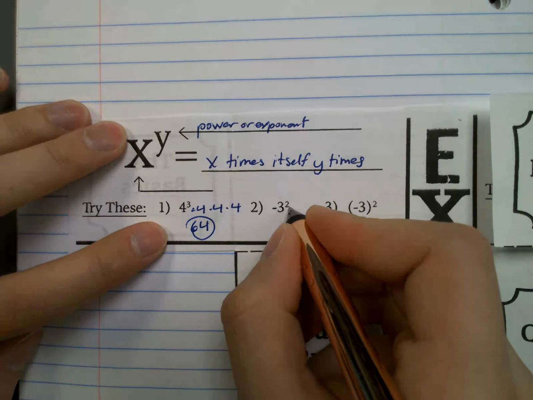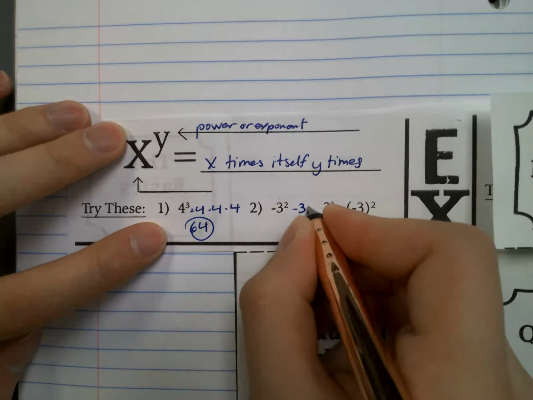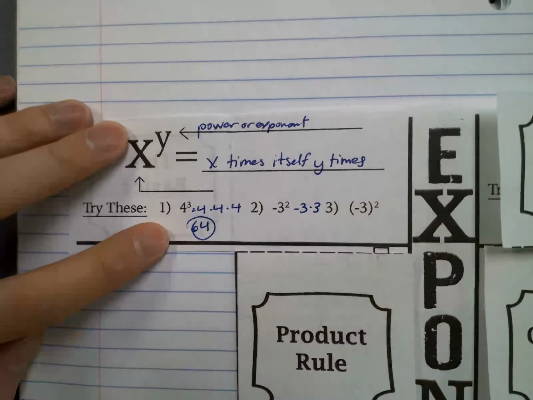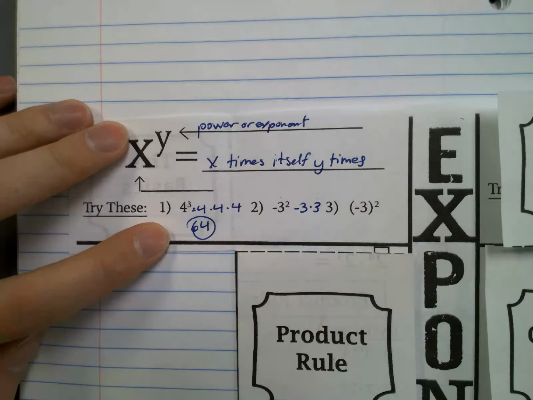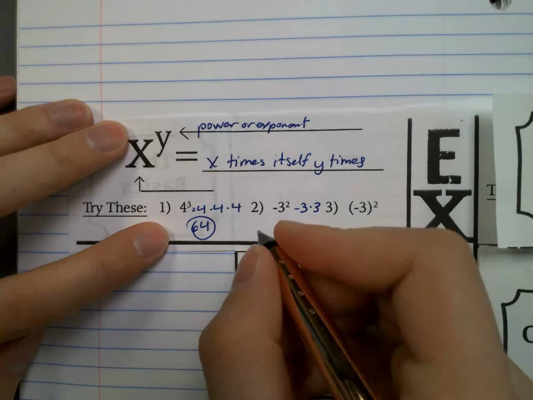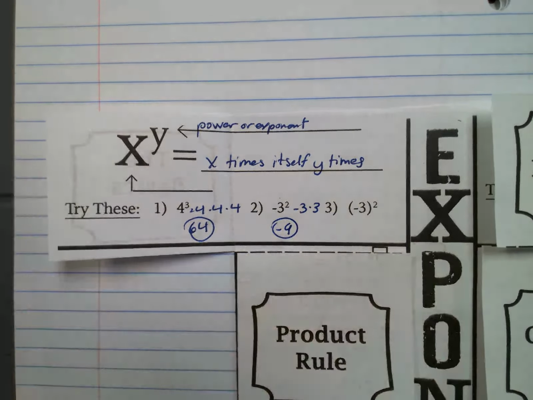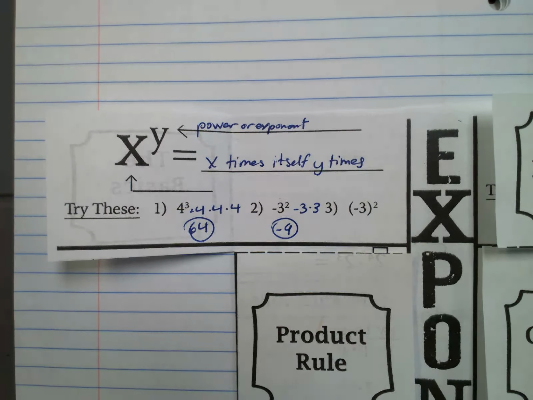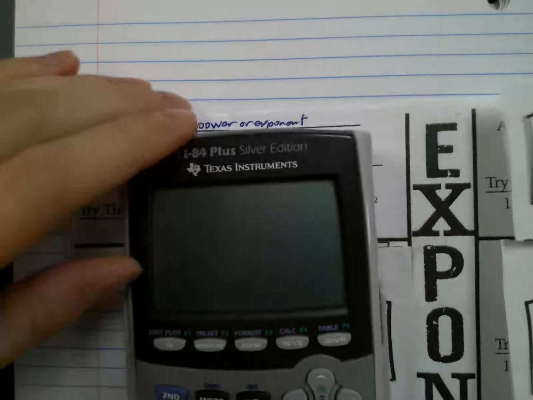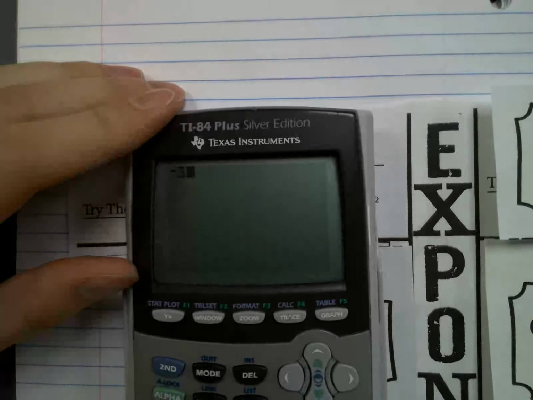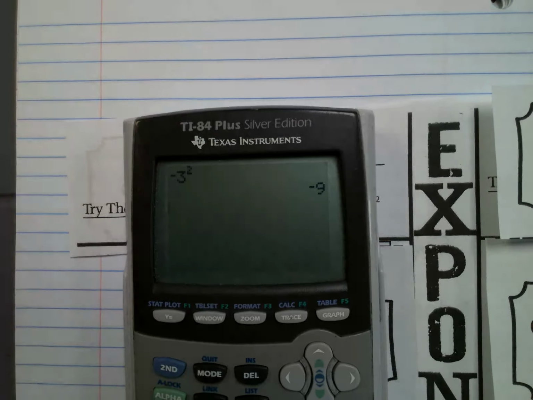If you had negative 3 up to the second, it would be negative 3 times 3. Remember that when you have a second power, now this is a common mistake that I see a lot, okay? In the calculator, when you put negative 3 squared in the calculator, what it ends up doing is this. It gives you negative 9.